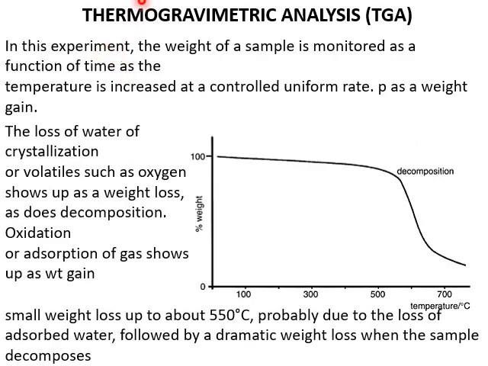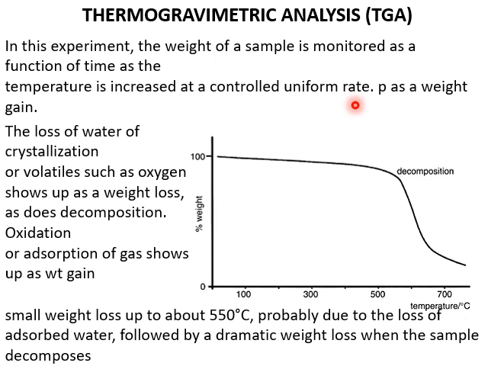Another technique of thermal analysis is thermogravimetric analysis, which is also called TGA. In this experiment, the weight of the sample is monitored as a function of time as the temperature is increased at a controlled rate. With the increase in time, we monitor the weight of the sample, because when the sample is decomposing, its weight will decrease with time.